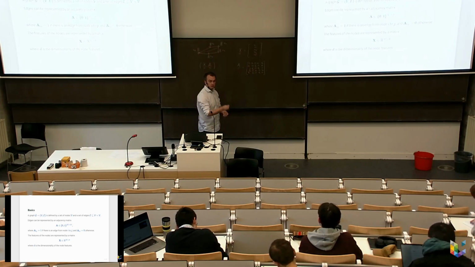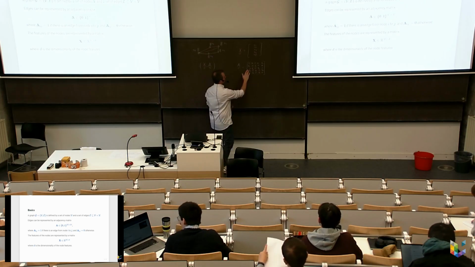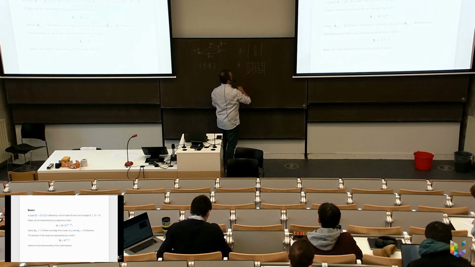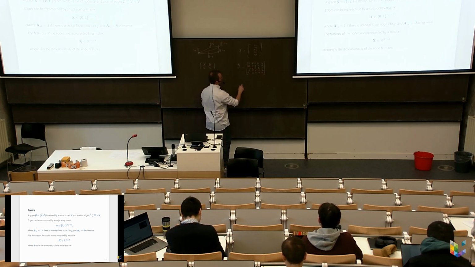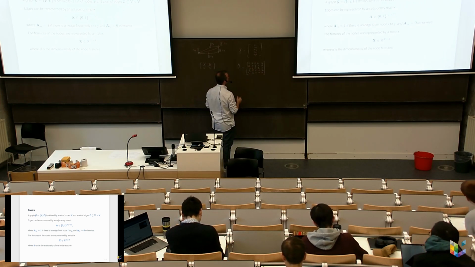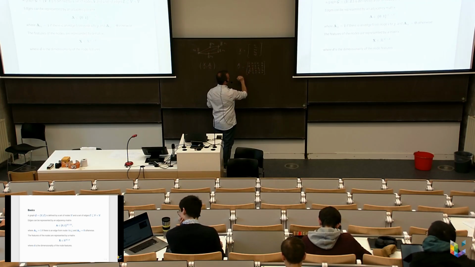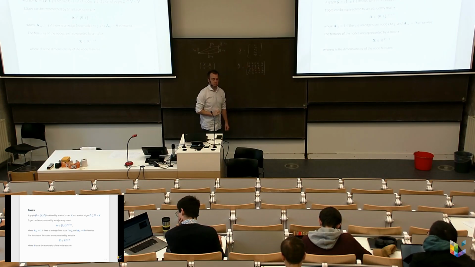But you could have directed edges, and for example put a 0 there, meaning that the edges become directed. There is an edge going from node 1 to 2, but there is no edge going from 2 to 1 anymore.